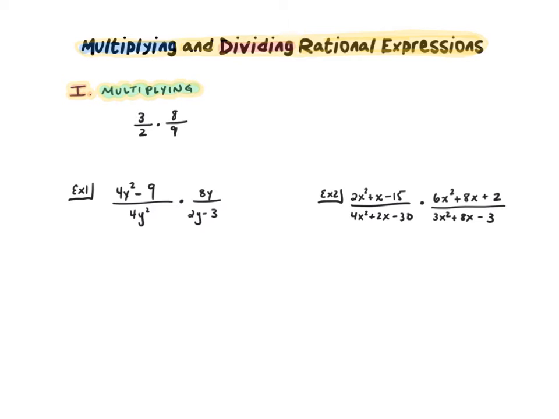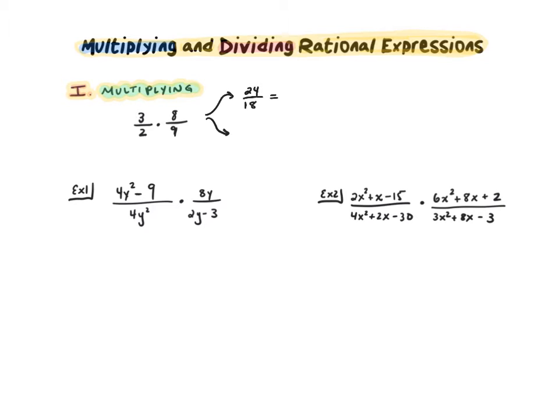So, to understand what you're allowed to do, I'm just going to show you multiplying with numbers, 3 halves times 8 ninths. Now there's two strategies that you can take here. You can multiply the tops and make it 24 eighteenths, and then think about the largest common factors in 24 and 18, so that's going to be 6.